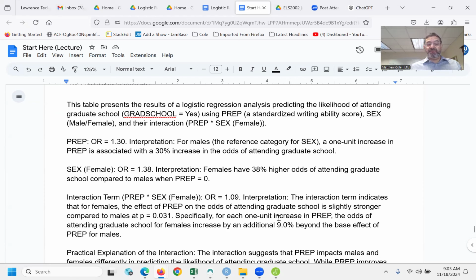Specifically for each 1 unit increase in prep. So as the prep scale increases by 1 standardization unit, the odds of attending graduate school for females increase by an additional 9% beyond the base effect of prep for males.